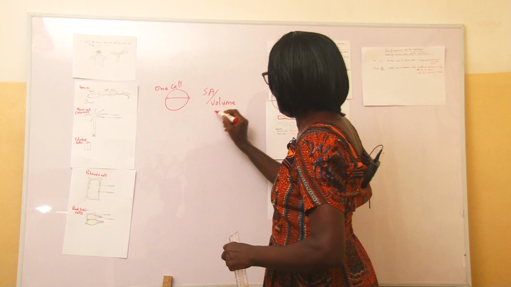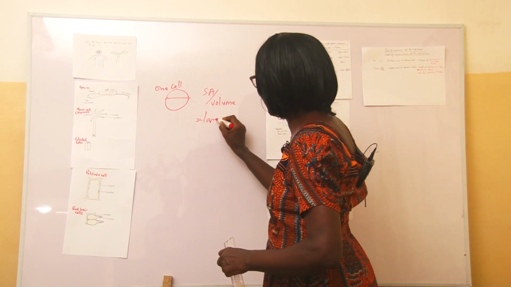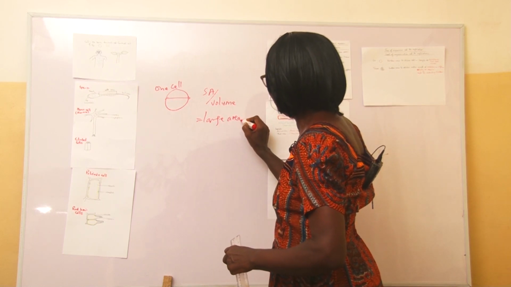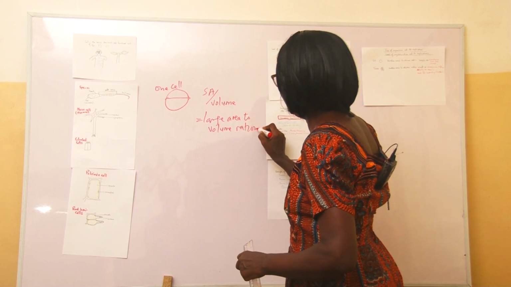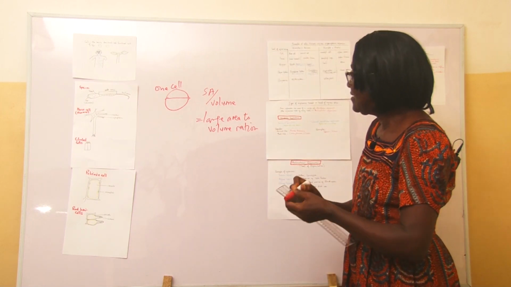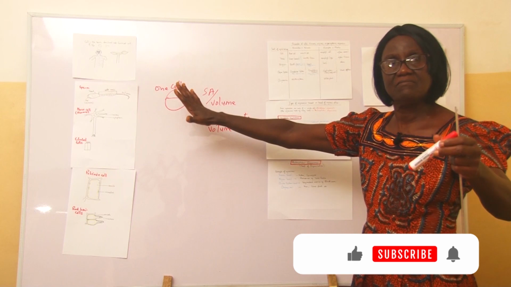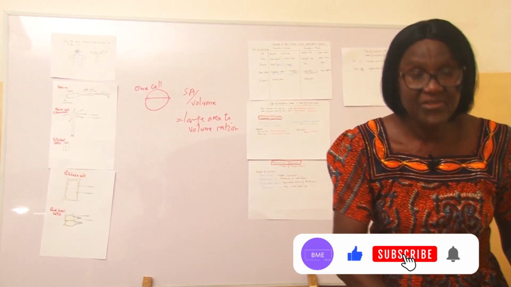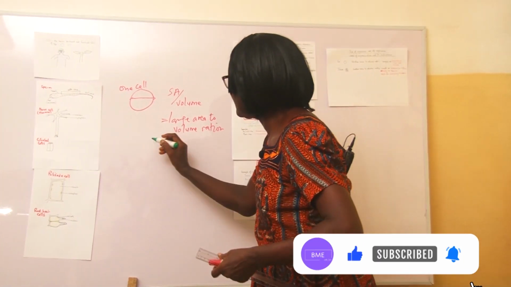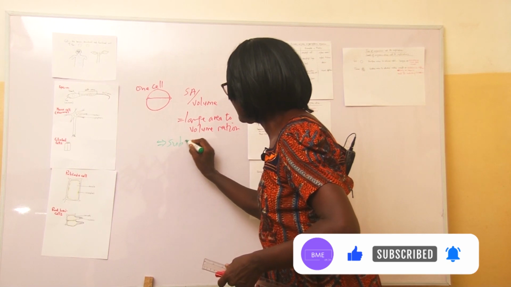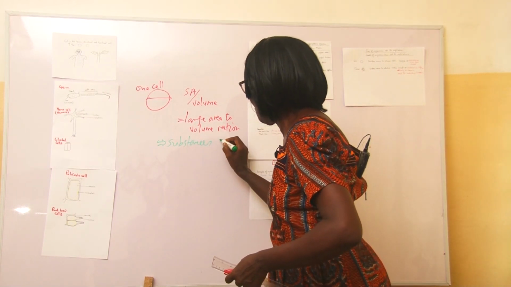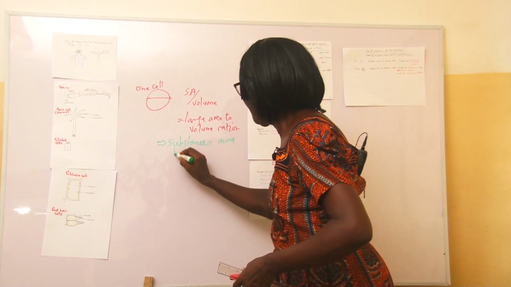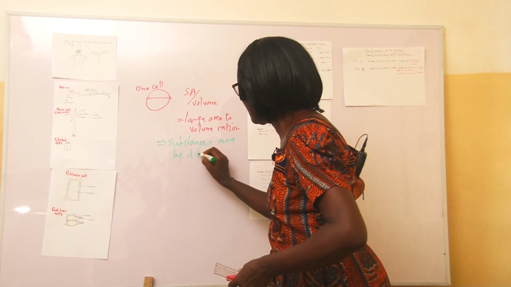This one will have a large surface area to volume ratio. Is that not so? It's only one cell, flat. Therefore, diffusion of substances is easy. Therefore, substances move by simple diffusion, fast.